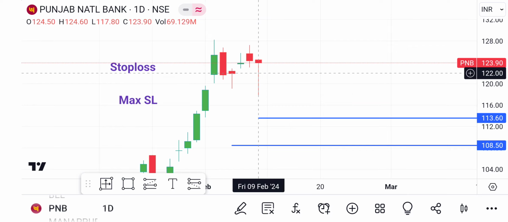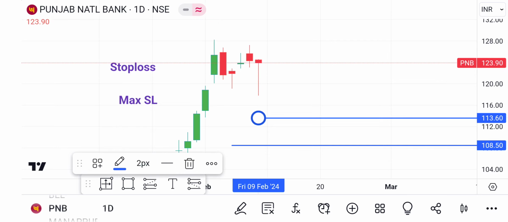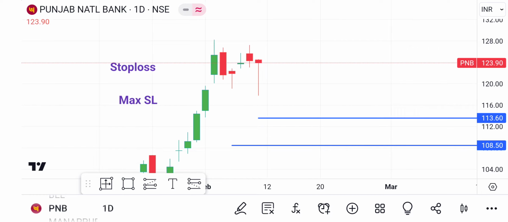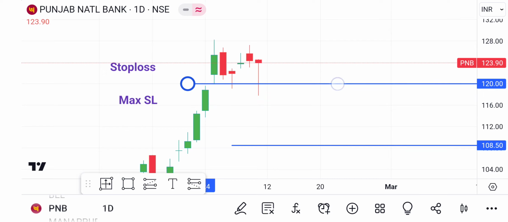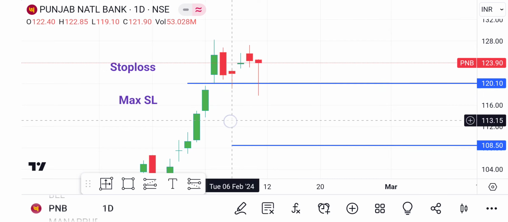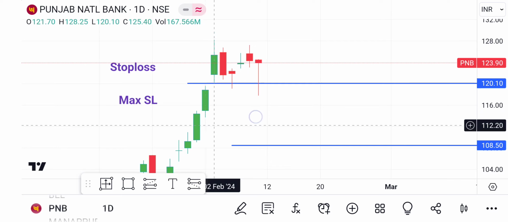So without wasting much time, we will see where we can place our stop loss. The basic stop loss which everyone would be placing will be this one. So we will look at the low of this candle. It is 120.10.